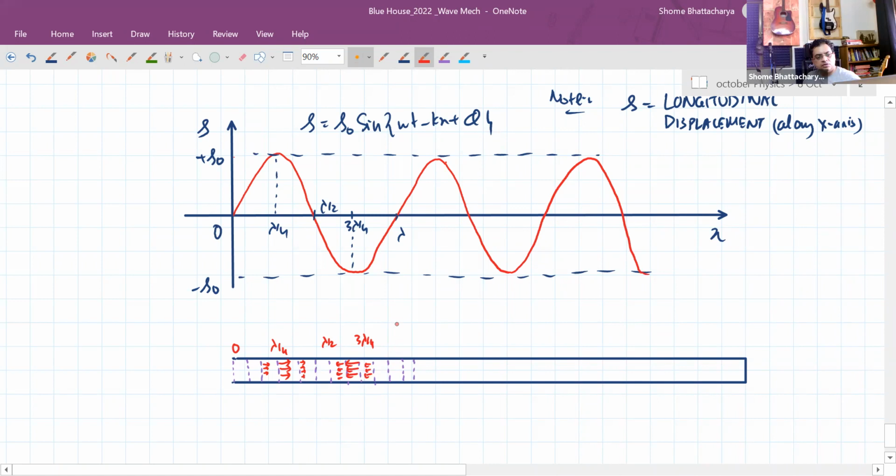Then again the ones around lambda are having 0 displacement. Then again the ones around 5 lambda by 4 are having maximum positive displacement.